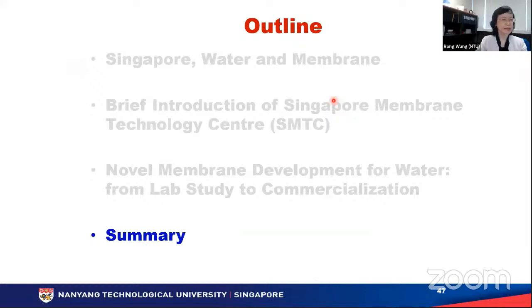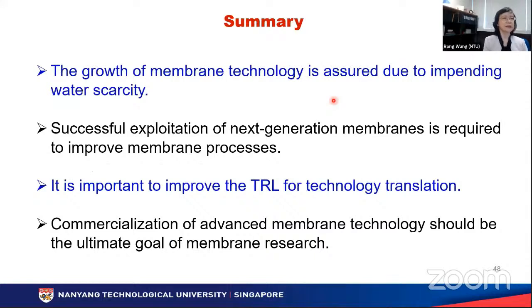Okay, time is up. I think I can make a summary here. The growth of membrane technology is assured due to the impending water scarcity. Successful exploitation of next generation membranes is required to improve the membrane process.